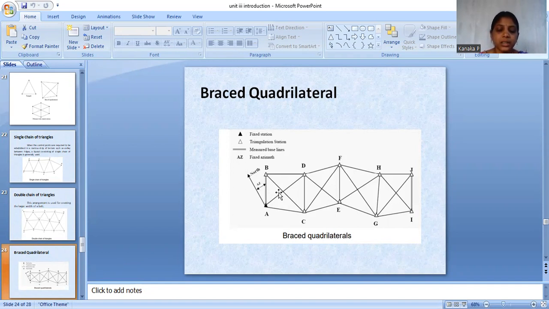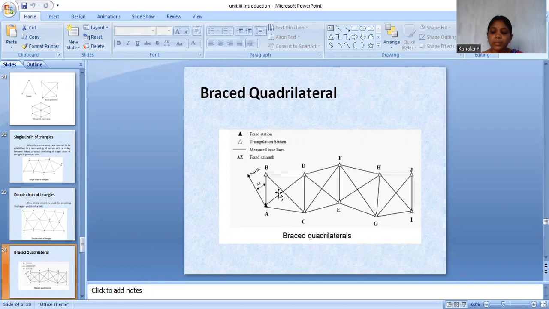It is carried out by different combinations of sides and angles. The system is more accurate. Then the central station of the triangle is the central point of the figure. This type of arrangement is used to cover more area on flat terrain and gives more accuracy and a satisfactory result.